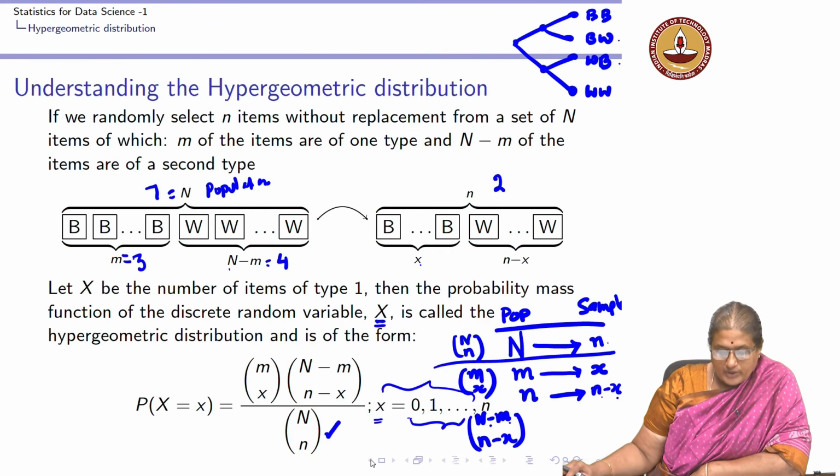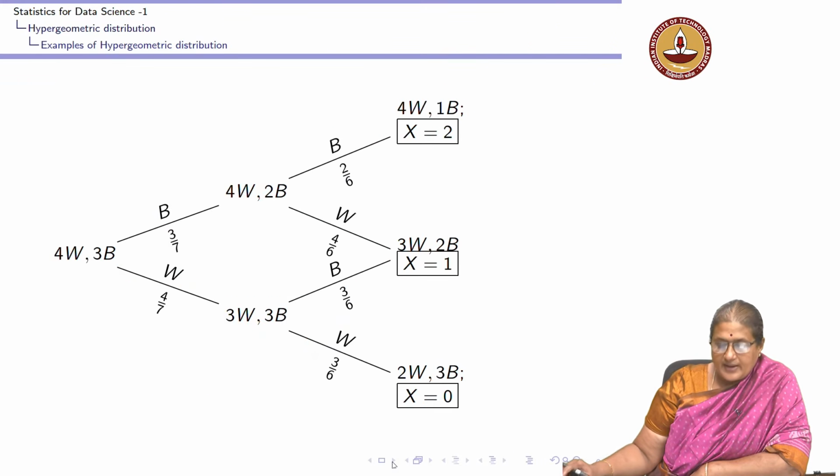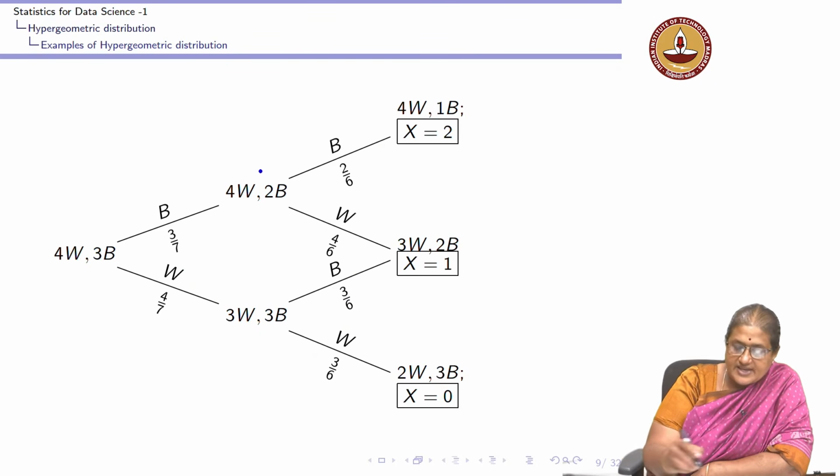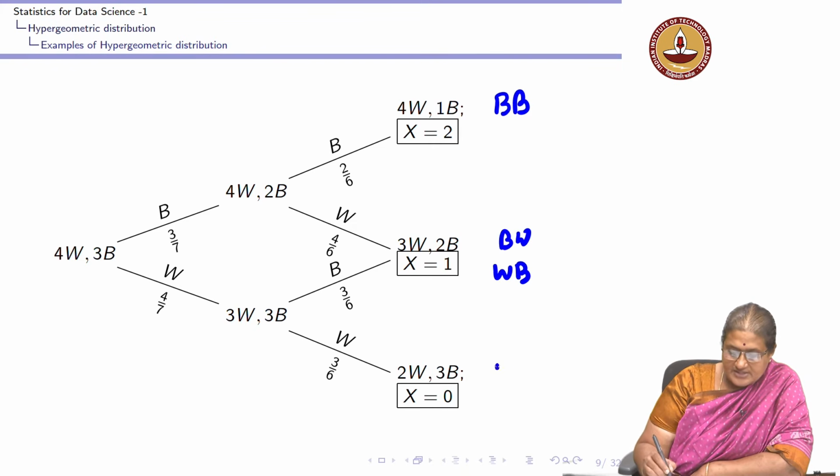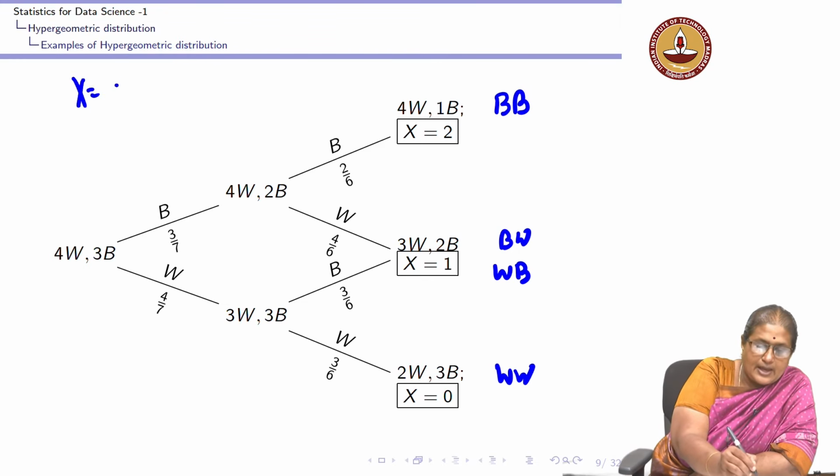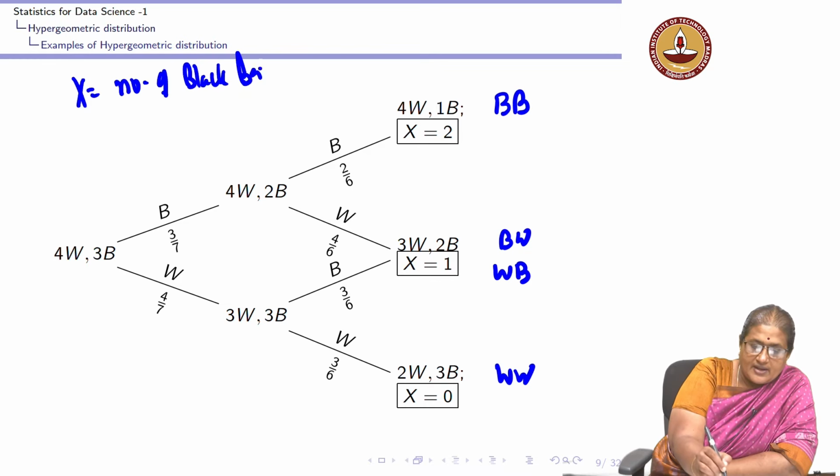So, now going back to this example, I had in this case BB, this is BW, this is WB, and this is WW. So, the value of X, where X is the number of black balls in my sample of size 2.